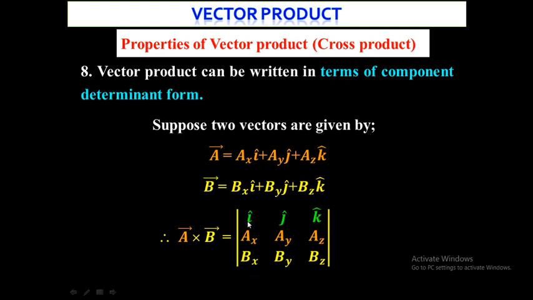In this way the cross product of two vectors can be written in component determinant form. This is the last property of vector product.